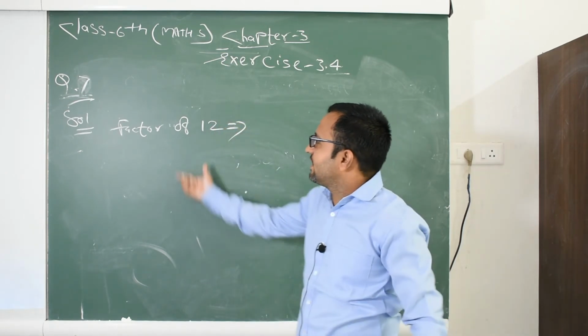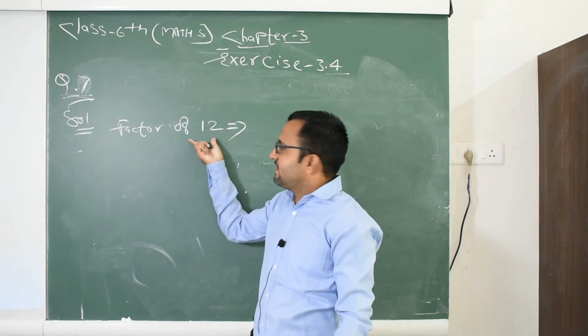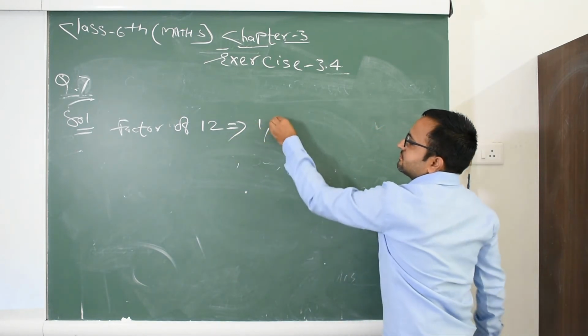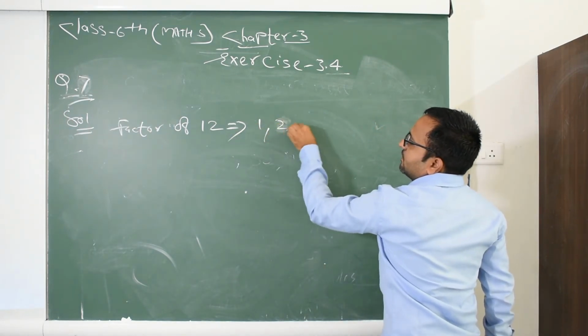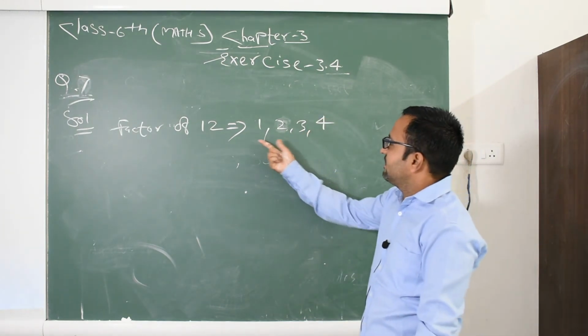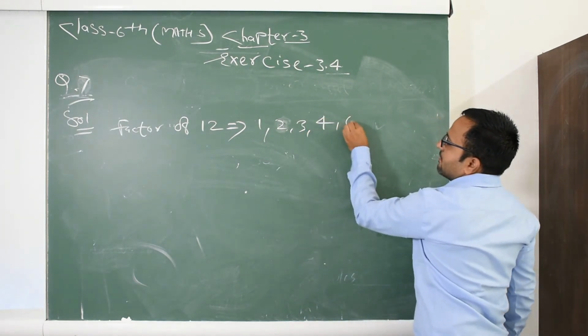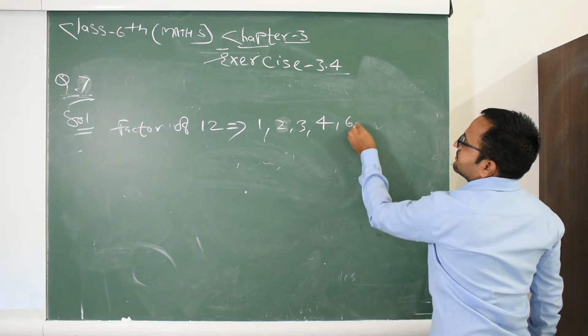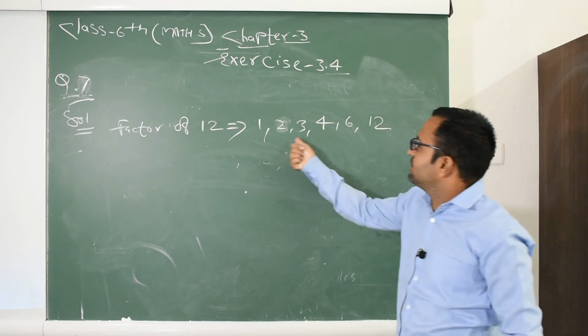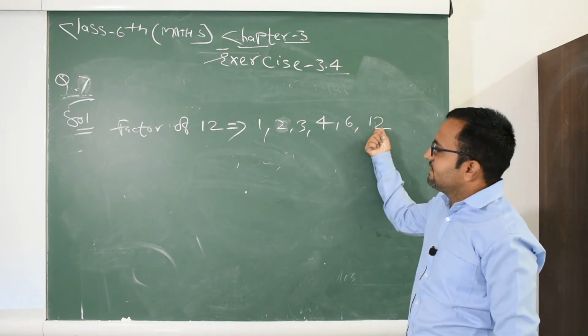First we find the factors of 12, because the number is divisible by 12. The factors of 12 are 1, 2, 3, 4, 6 and 12.